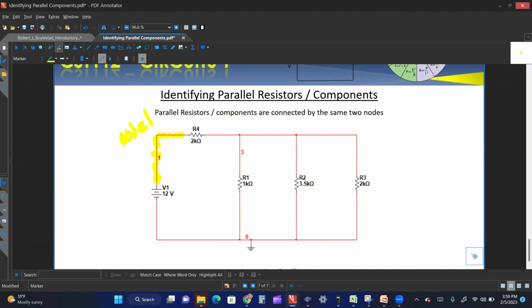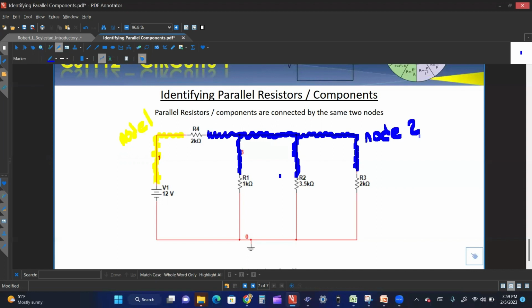All right, so let's switch our colors. All right, let's keep on where we left off on the other side of the resistor. All right, come down here. Come over here. All right, so that's node two. All right, so we got one more node left.